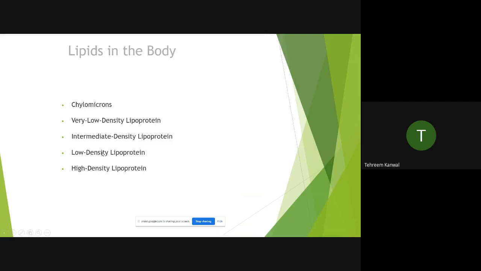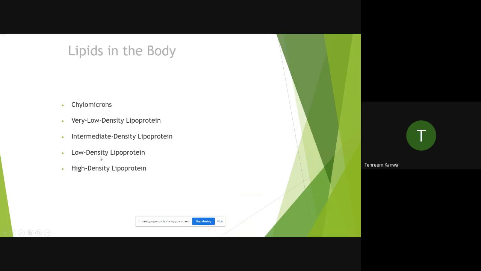Here, if you see a report from a patient which has a lipid profile in it, then if there is more low density lipoprotein, it is an alarming sign. And if there is more high density lipoprotein, then this is a good sign. So high density lipoprotein is an angel for our body, while low density lipoprotein is not good for our body.